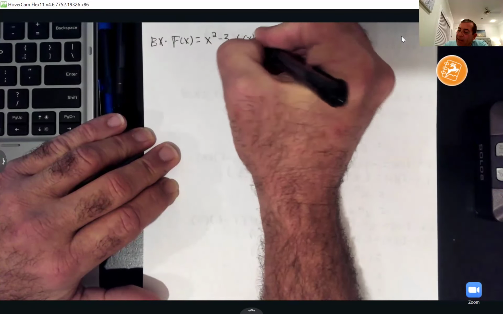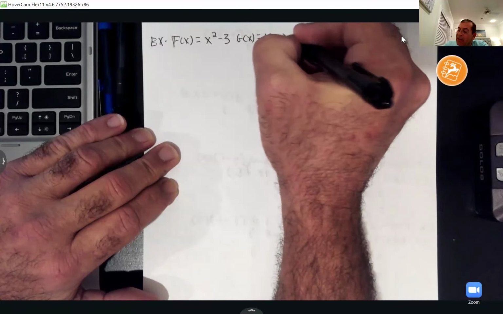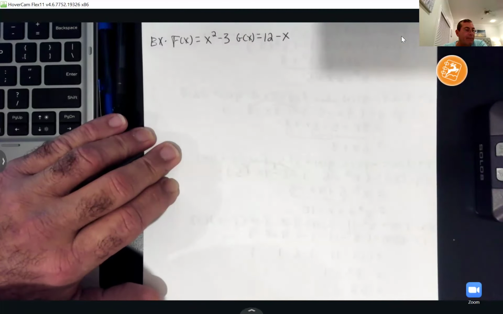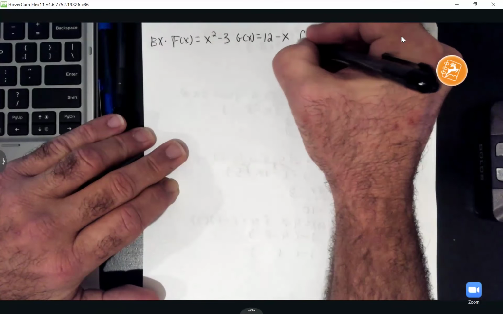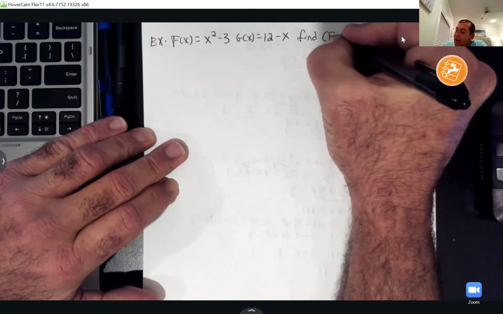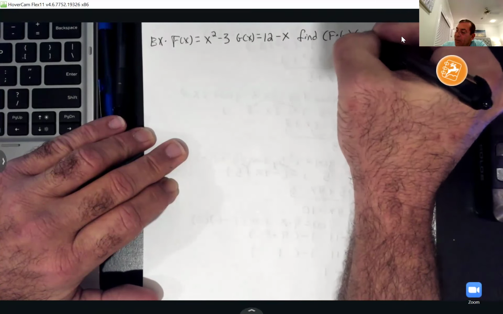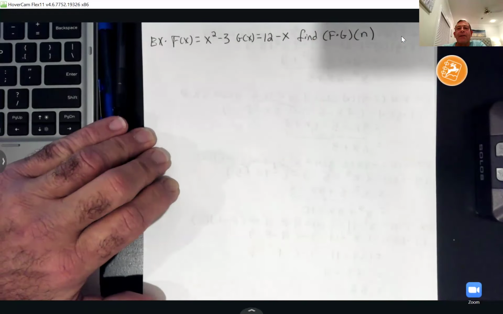G of x is going to equal 12 minus x. But they want me to find f times g of a little n.